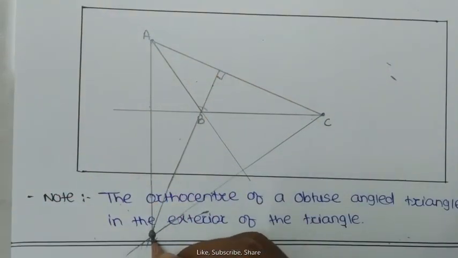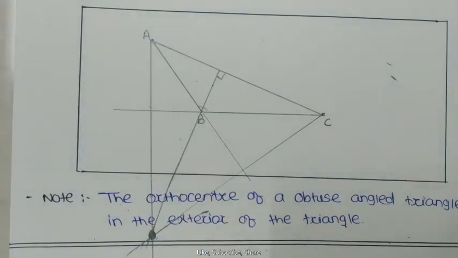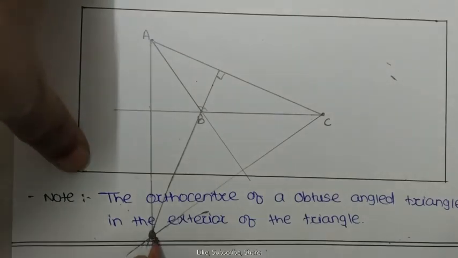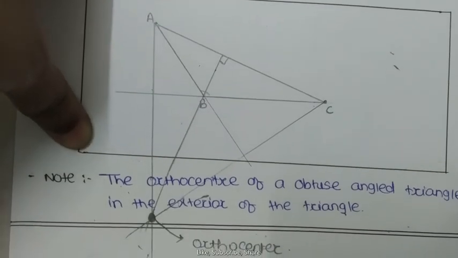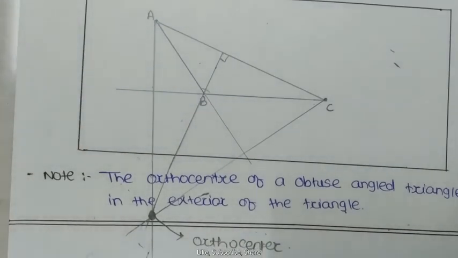But the orthocenter of this one is in the exterior of the triangle. So this point defines the orthocenter. Okay. So this is about the obtuse angle triangle.